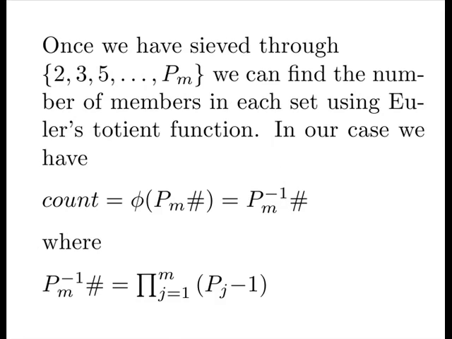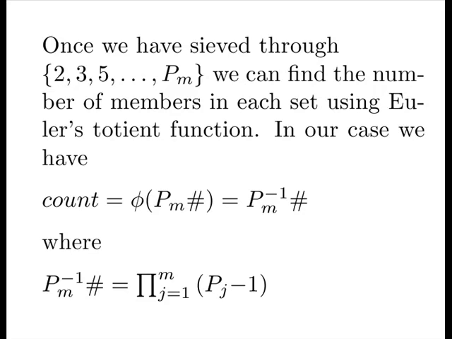Once we have sieved through some m, we can find the number of members in each set using Euler's quotient function. In our case, the count is equal to the product of each prime, where each prime has 1 subtracted from it.